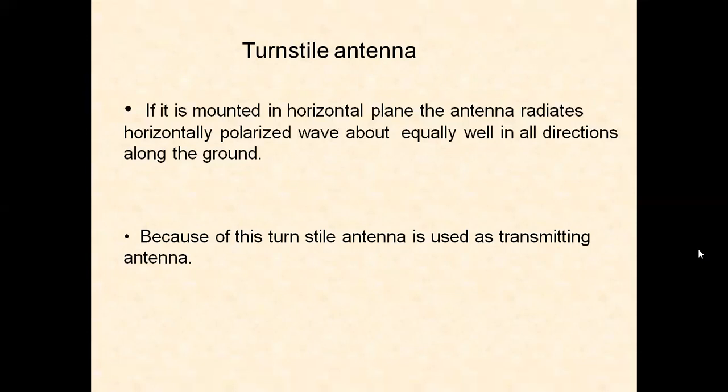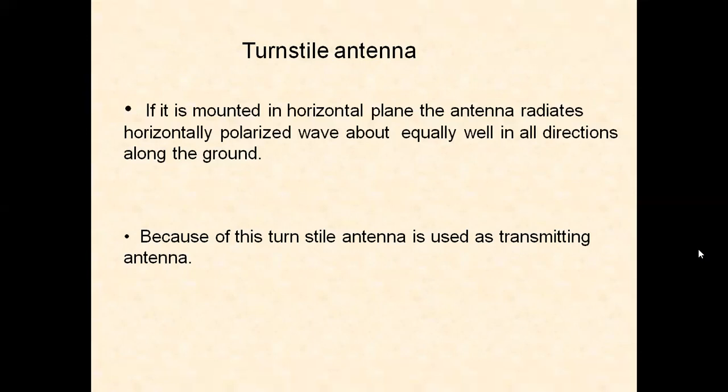The main important application of the turnstile antenna is that it can be used as a transmitting antenna. Generally, the transmission should be in all the directions. For example, an FM radio signal should be available around the circular radius of the transmitting station.